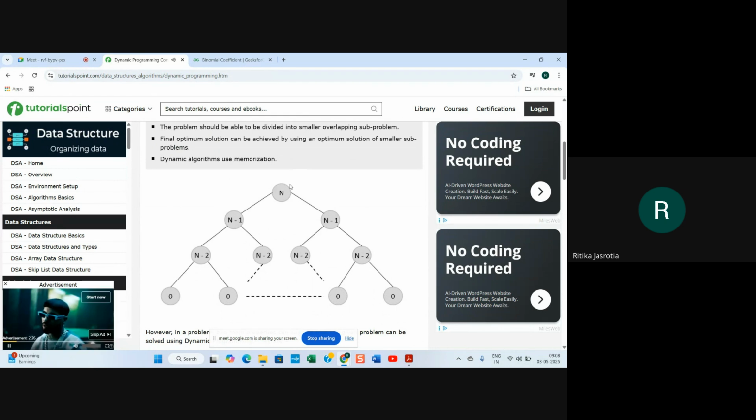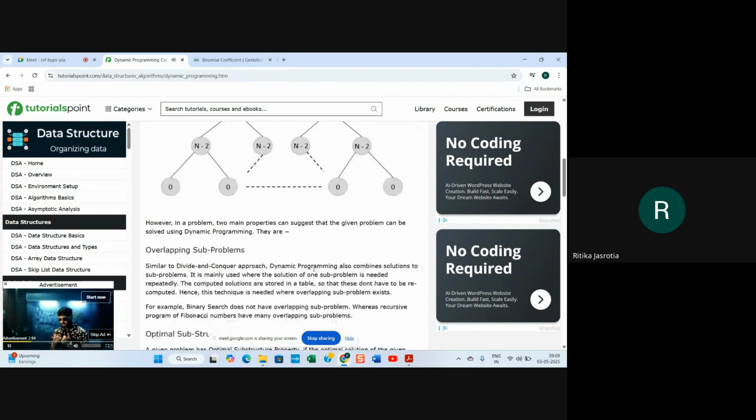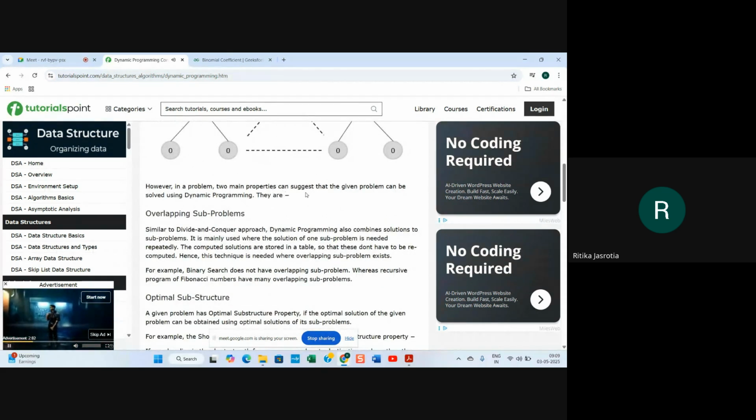So here you have a problem, and you divide it into subproblems like n-1, n-1. Then further it is divided into subproblems, their solutions are found, and then the solutions are combined to solve the problem.